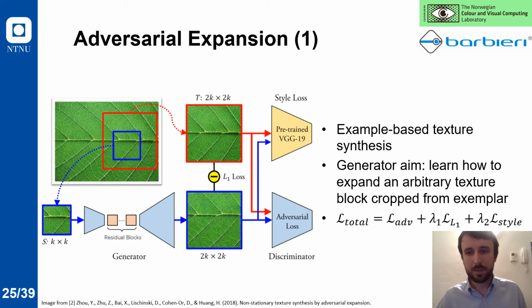This application essentially consists in expanding an existing patch of texture, and this is achieved as you see here using a GAN, feeding as an input a cropped version of the input image, and then taking into account a larger section of the original image to give feedback on how well the generator performs.